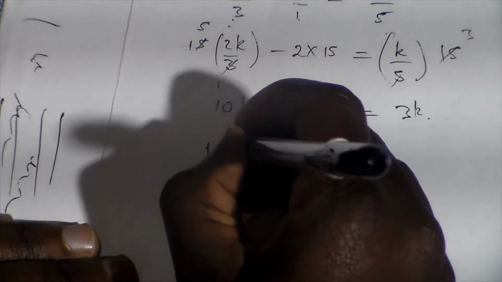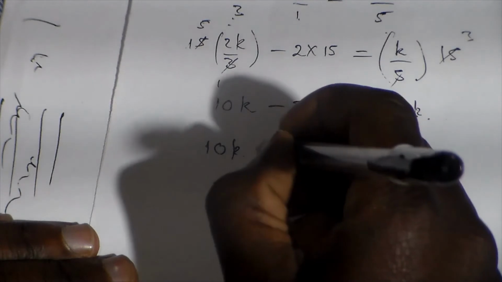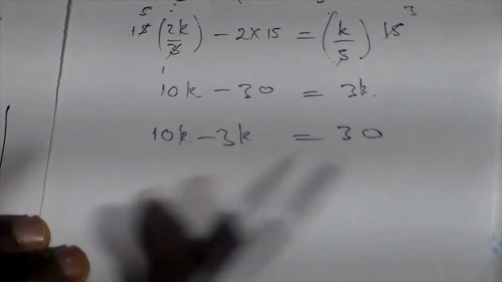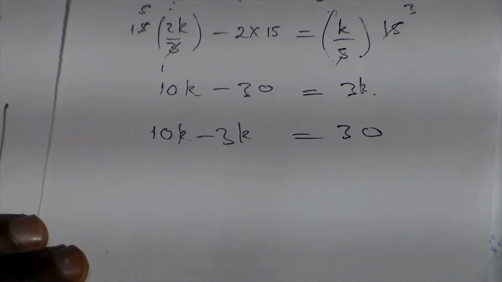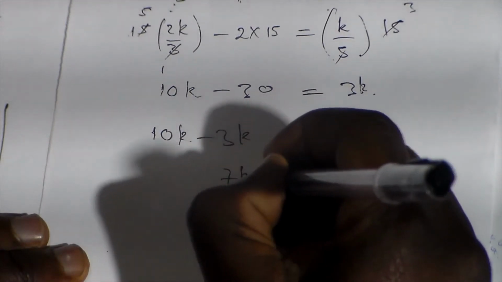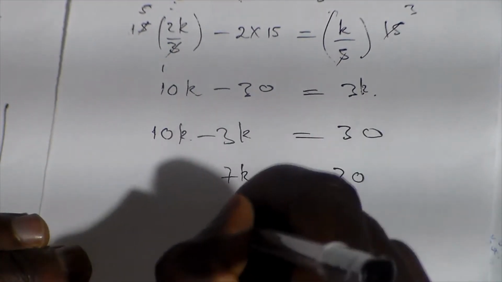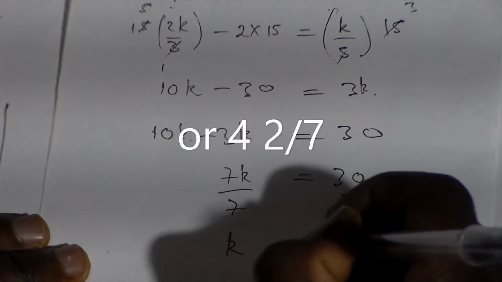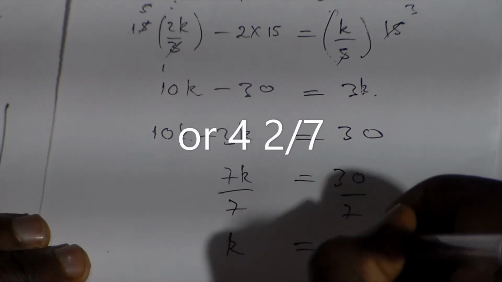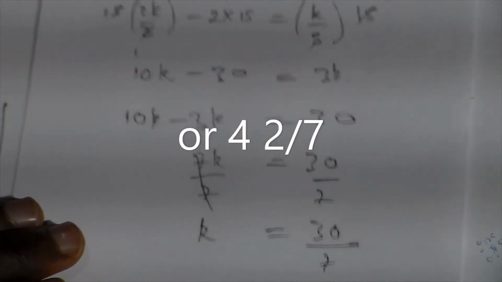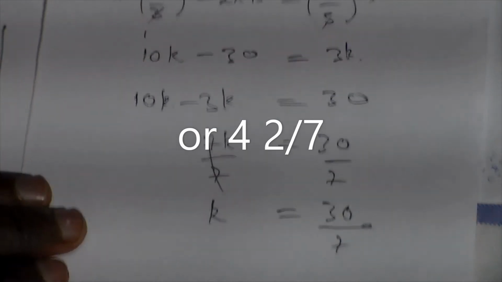Now I'll say 10k minus this 3k is equal to a 30. I've put the k terms to one side. 10k minus 3k, you get a 7k equal to 30. Dividing both sides by 7, my k is 30 over 7. Okay, that's it for part C.